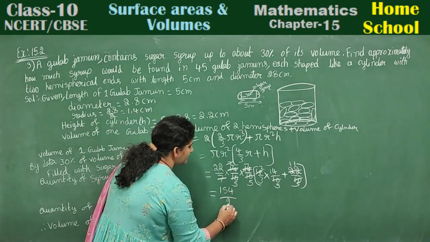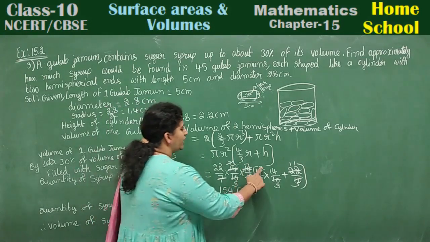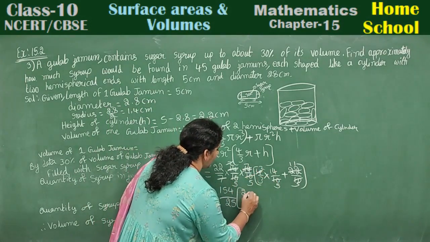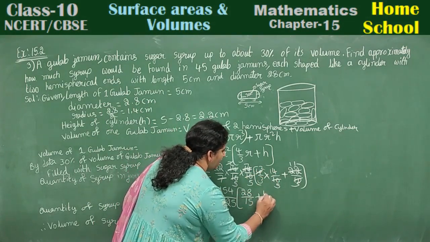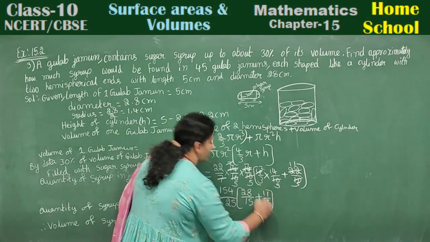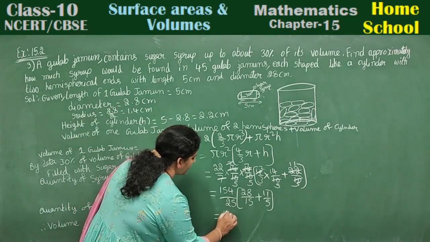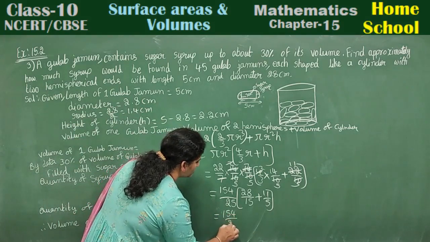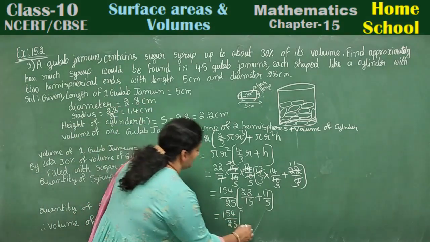By 5 5s are 25 into 14 2s are 28 by 5 3s are 15 plus 11 by 5. Then again you need to add this. So I cannot add, take LCM.